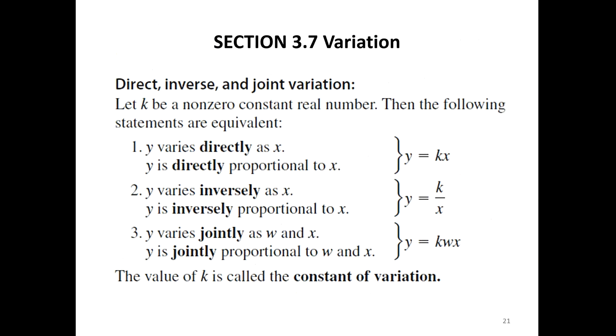Now, the last subject is called variation. We have three types of variation: directly, inversely, and jointly. This is the form for varying directly.